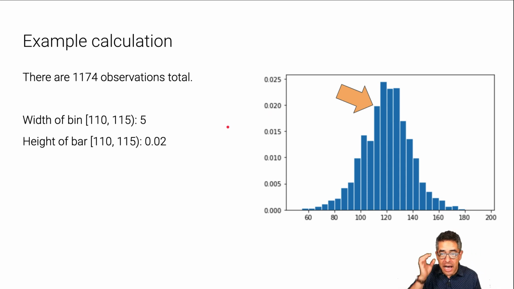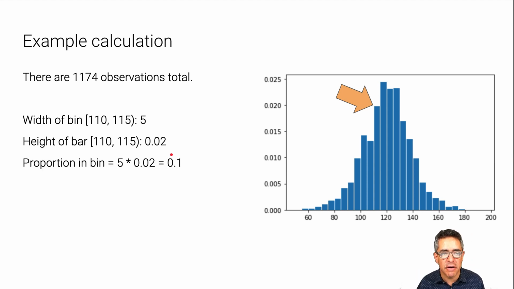Now, the height of the bar, just from looking at the plot, is roughly 0.02. And so if we multiply the width of the bin by the height of the bin, we get the proportion of the data that is contained in here, which is 0.1, which means about 10%. And about 10% of this is 117, give or take.